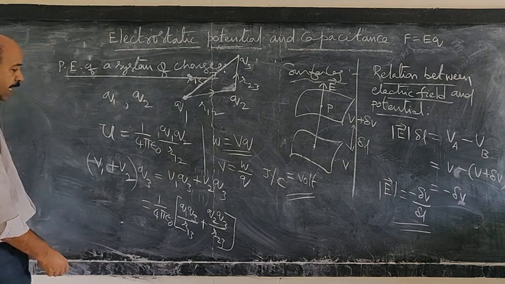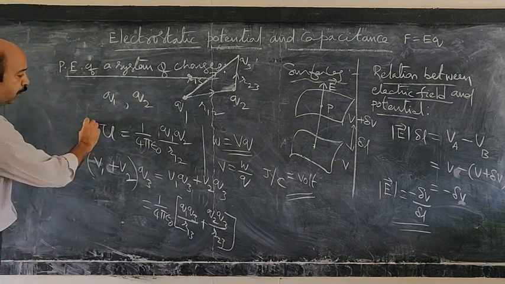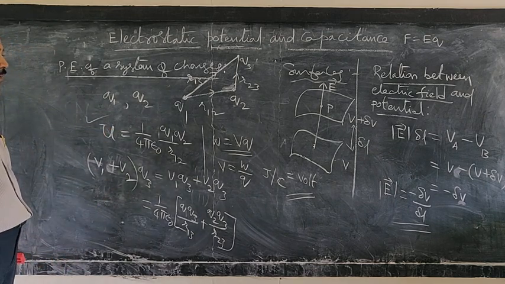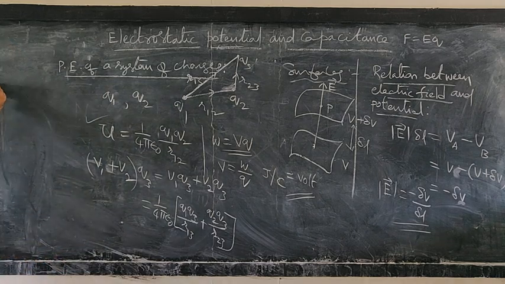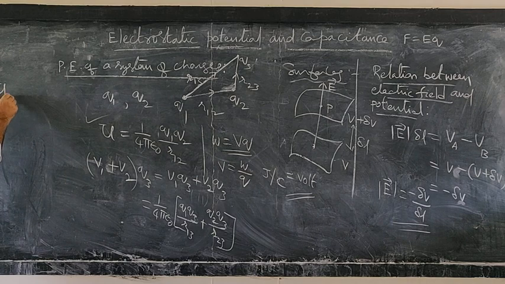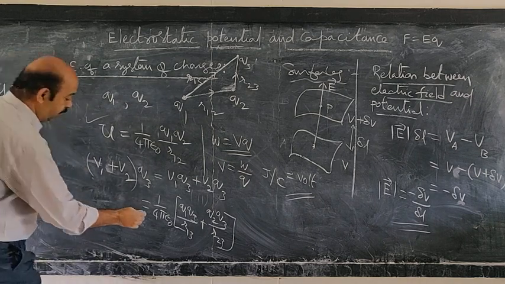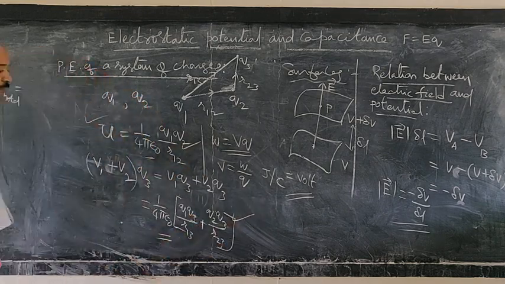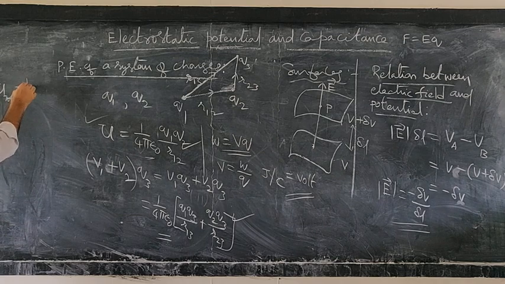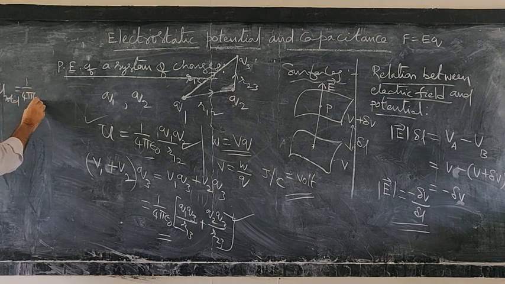In addition to that, you have this Q1 Q2. So therefore, total energy, that is total work done, is given by this plus this. So you have to add these two. So that is 1 by 4 pi epsilon naught common.